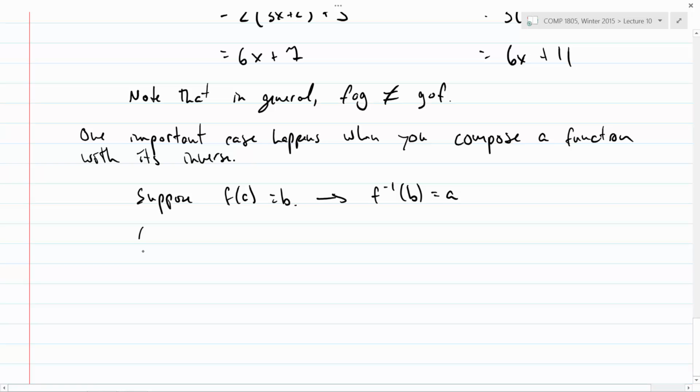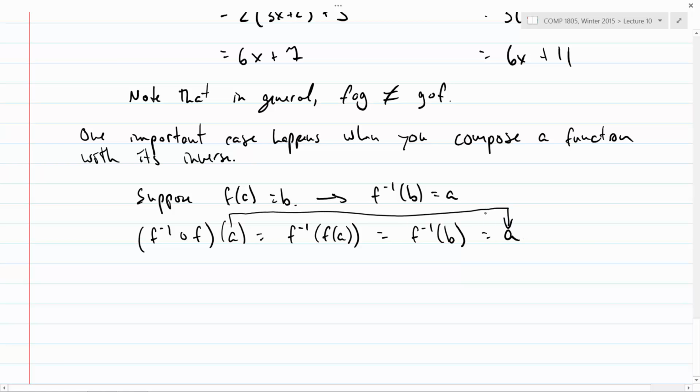All right, so let's say we wanted to compose these. So f inverse follows f of a. Well, that's f inverse of f of a. We know that f of a is b, so f inverse of b, and f inverse of b is a. So notice that the input and the output are exactly the same. And in fact, the same thing works if you do it in the other order.